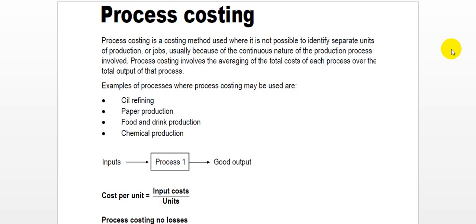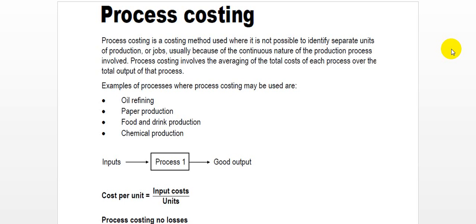So you have to divide the total cost into the total output. The key to getting process costing questions correct is that the input should always be equal to the output.